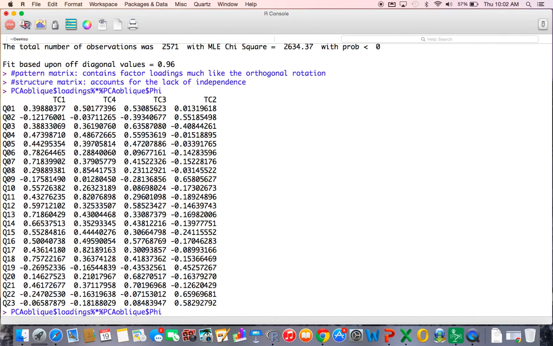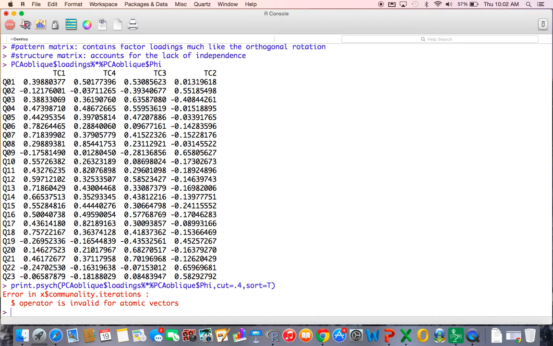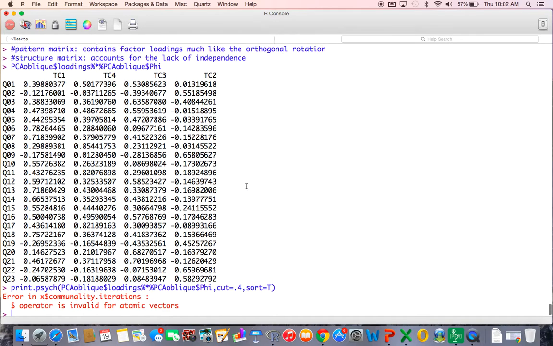Let's try that. Let's do a cut. I don't know if this is going to work or not. No, it's not going to. Yeah, this is a matrix.